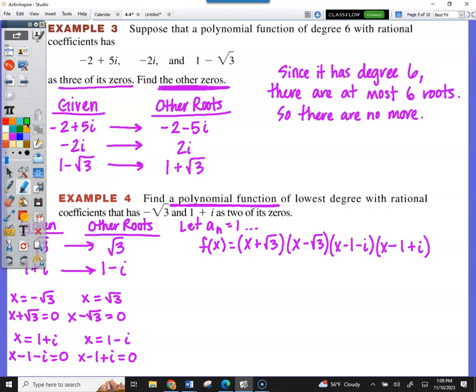And just for the people watching the video, this came from here, this came from here, this came from here, and this came from there.